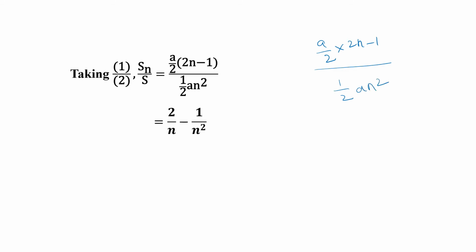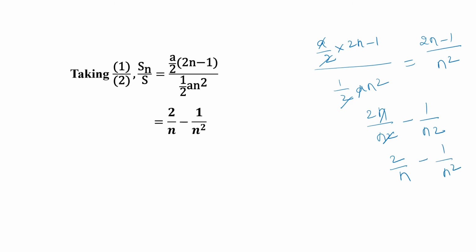So here 2 gets cancelled, a gets cancelled. Here we are getting 2n minus 1 by n square. So separating, 2n by n square minus 1 by n square. n gets cancelled, so 2 by n. Only 1 here cancels, remaining is n, so 1 by n square. So 2 by n minus 1 by n square.